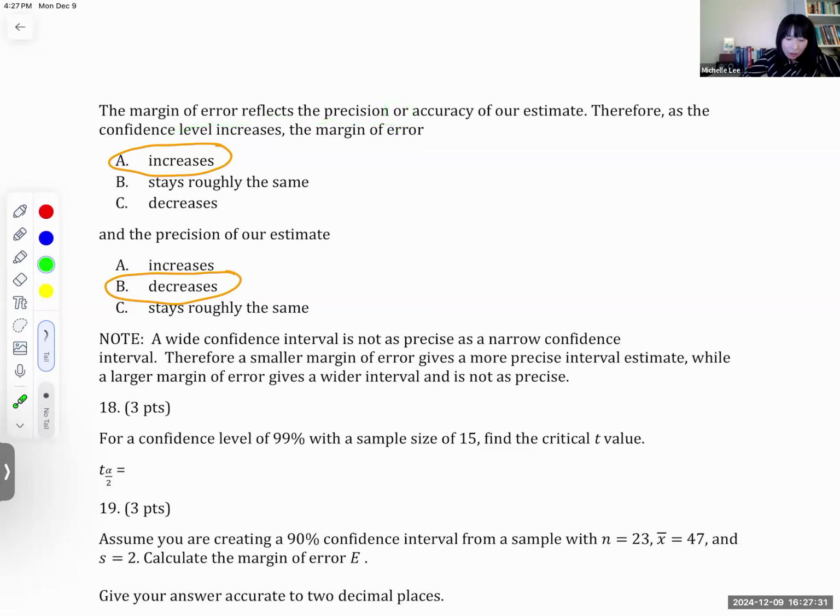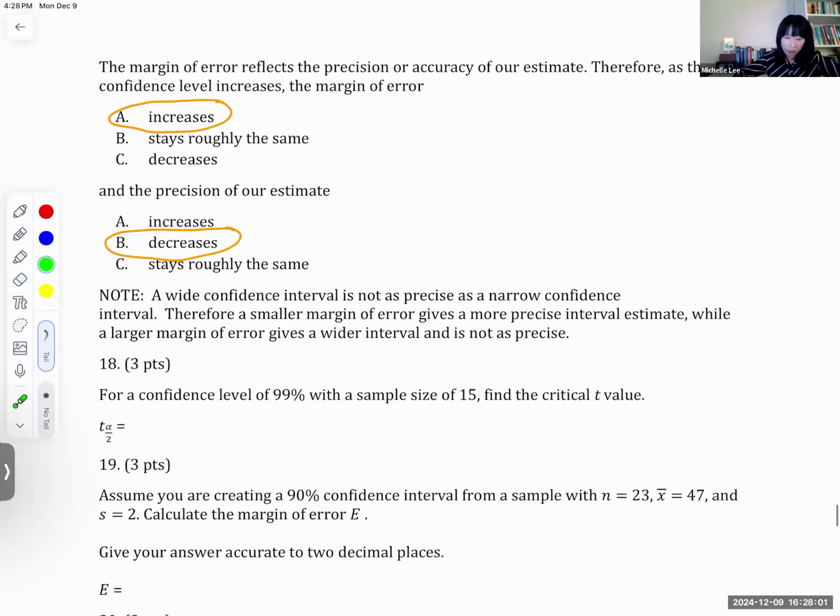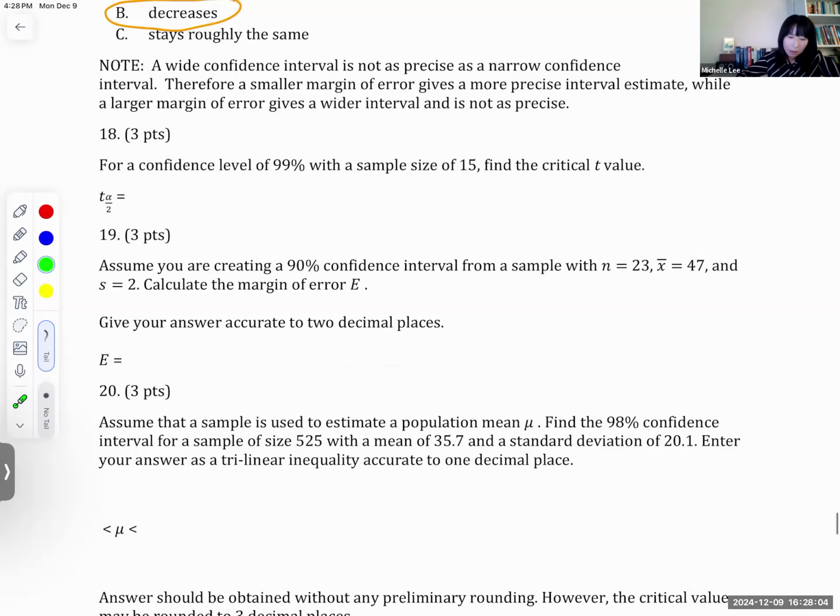If the confidence level increases, the interval gets wider, the number gets bigger, which means the margin of error increases. So if the margin of error is big, the precision decreases. A smaller margin of error means more precision, more accurate.